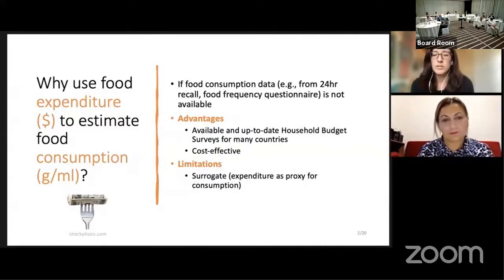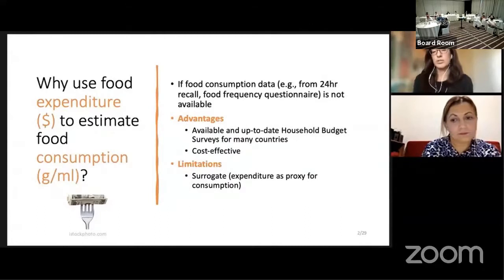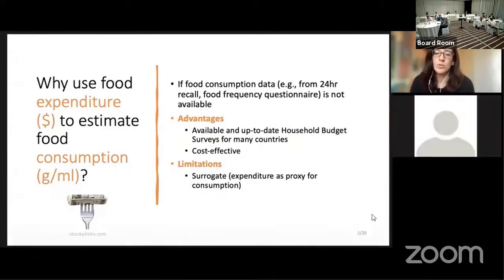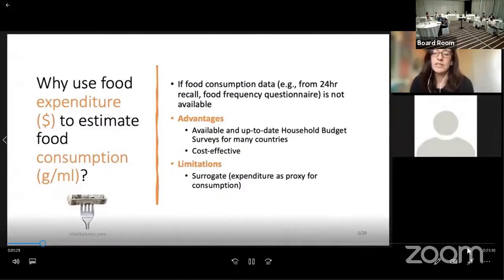But they're not always available, and conducting this kind of study is costly and time-consuming. On the other hand, in many countries, recent household budget surveys are readily available, and using this expenditure data is quicker and more cost-effective than directly collecting food consumption data.